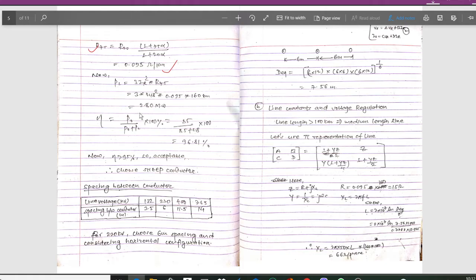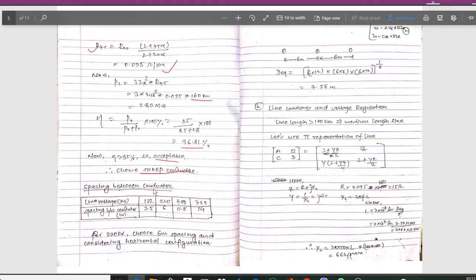To calculate PL, we have PL as 3 IR square into R75, with IR as 248 and R75 as 0.095 per kilometer. Multiplying with 160 kilometers, you will get 2.80 megawatt. Similarly, efficiency will be P naught upon P naught plus PL into 100%, and when calculating we get 96.81%. So efficiency is greater than 95% in this case, so it is acceptable, and we'll choose the ship conductors.